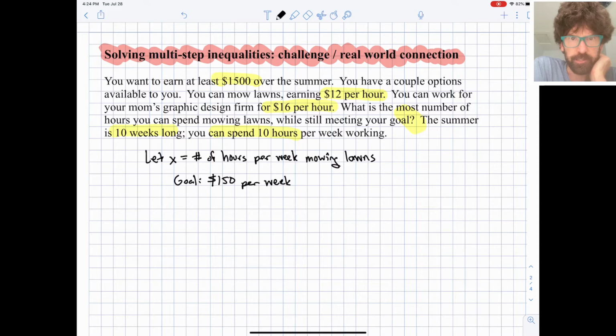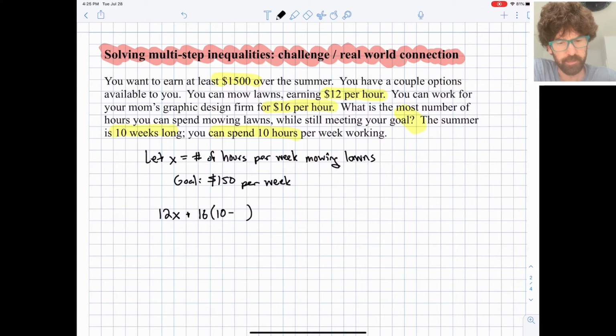the $1,500 that you're looking for the whole summer, okay? All right, so let's write all this in a mathematical statement, okay? So we're going to get 12 times x plus, because that's $12 an hour for every hour we mow lawns, 16, and what I'm going to say is times 10 minus x, because that 10 is the number of hours per week available to us to actually work.